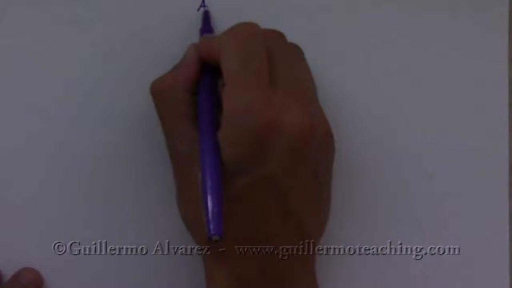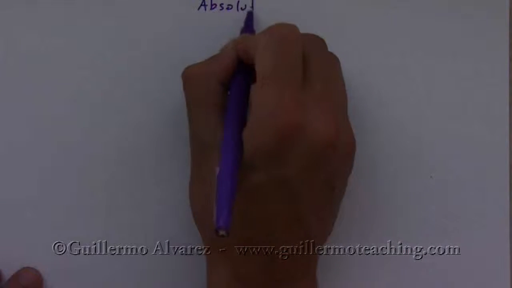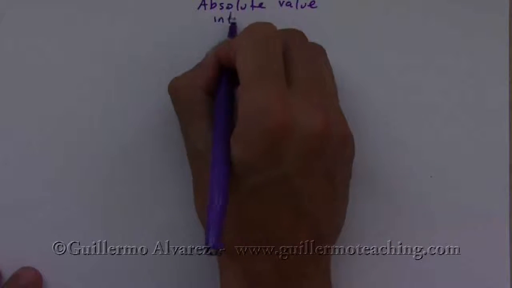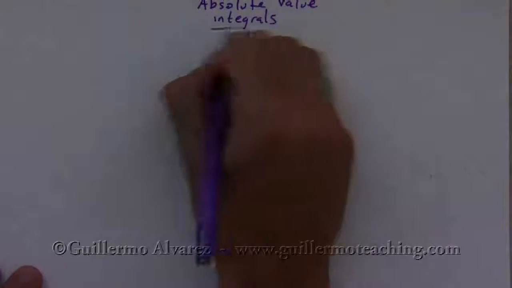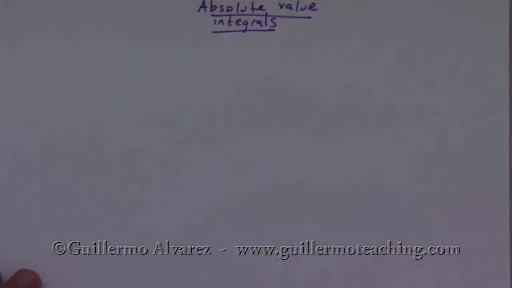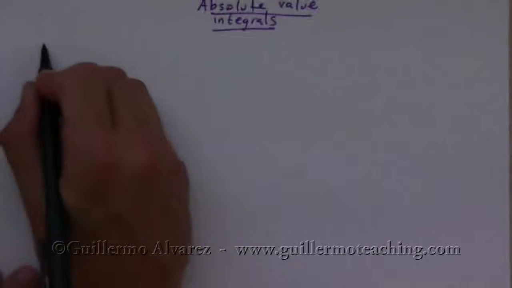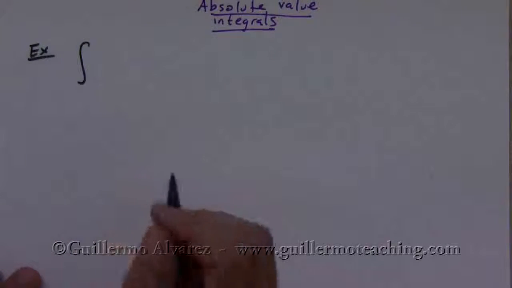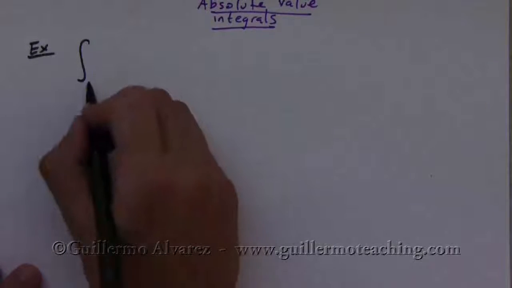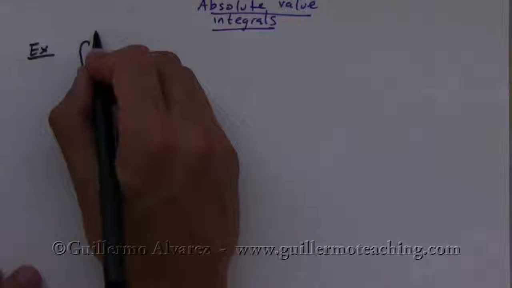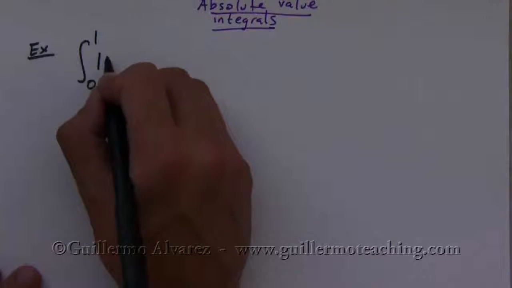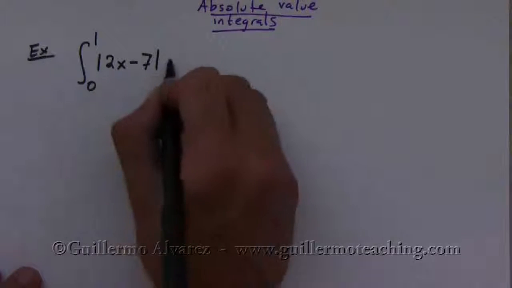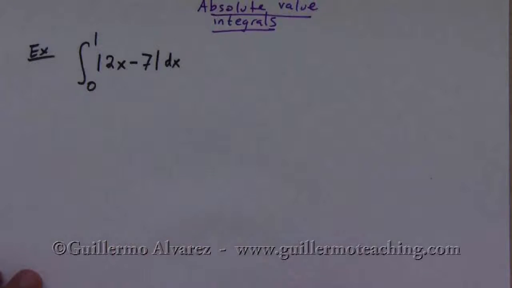absolute values. And so let's say, for example, we want to find the integral from, let's say, 0 to 1 of the absolute value of 2x minus 7 dx.